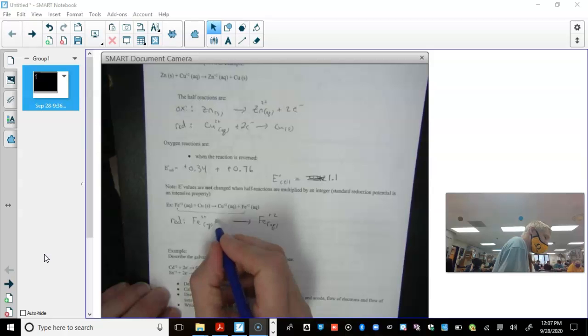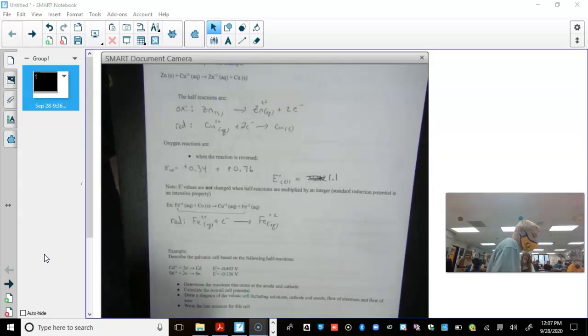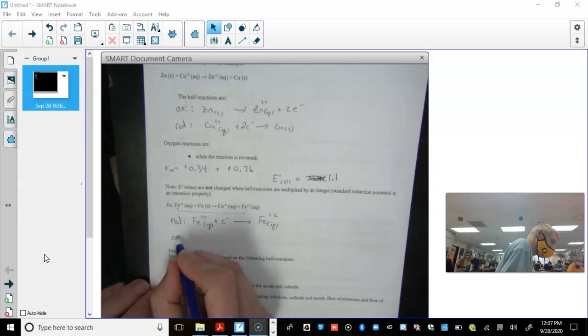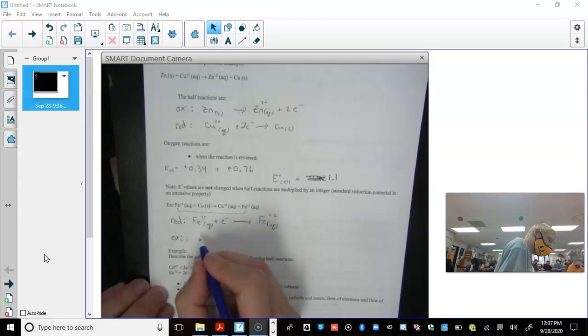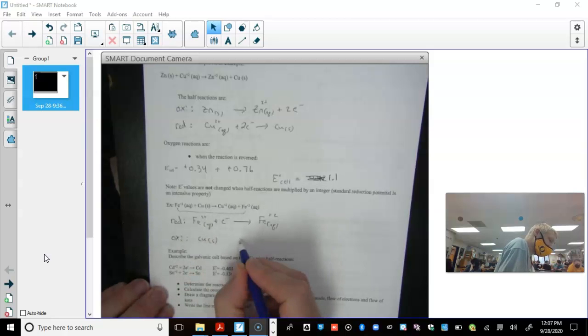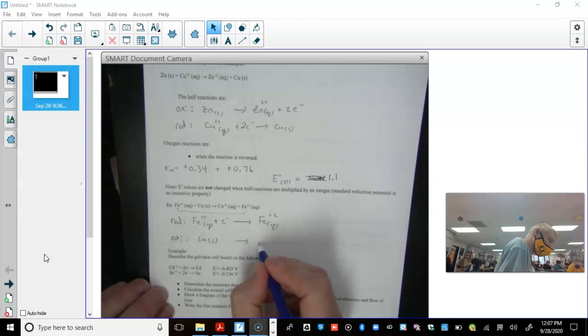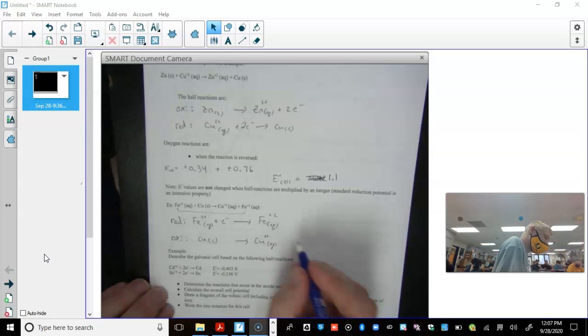If it's being reduced, we're adding 1 electron. Then oxidation is the copper, and that's going to copper 2+, and we're losing 2 electrons here.